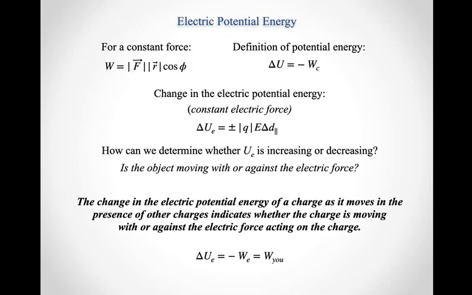So how the electric potential energy is changing is either going to be because the electric force does positive work when you let the system go, and the potential energy decreases, or some external agent, i.e. you, has to do the positive work to get the electric potential energy to increase.